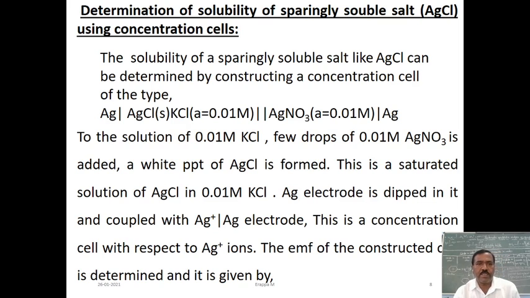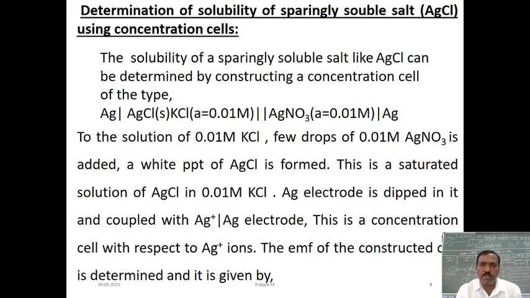Now, determination of solubility of a sparingly soluble salt like AgCl using concentration cells: by means of a concentration cell, how the solubility and solubility product of a sparingly soluble salt are determined.